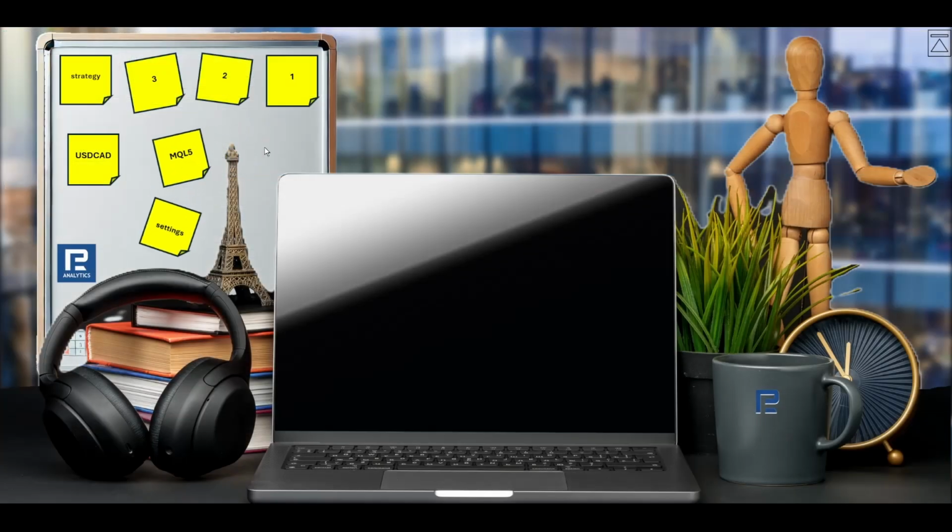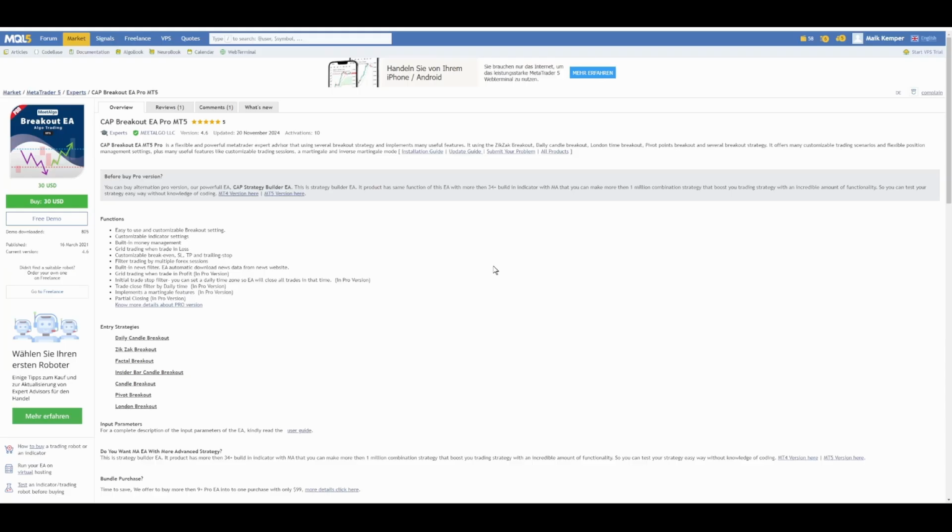And now we'll look at what this trading robot is called, where you can get it, and what you can do with it. This trading robot is called Breakout EA Pro MT5. I put the link below. That means you can take a look at it at your leisure. It costs $30 US, so it's not very, very expensive.